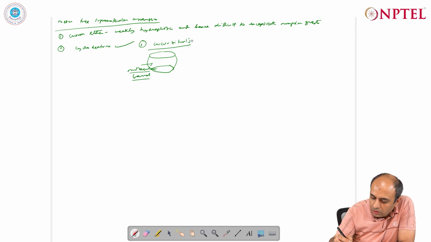We call this a molecular barrel, which can actually promote catalysis inside the molecular barrel. But the problem with cucurbiturils was that there is a high affinity for the cavity.